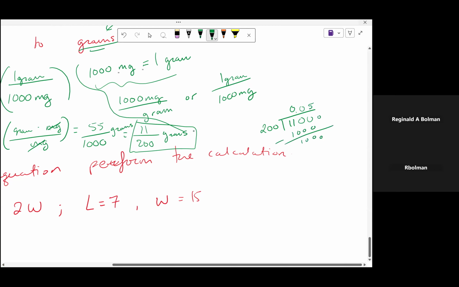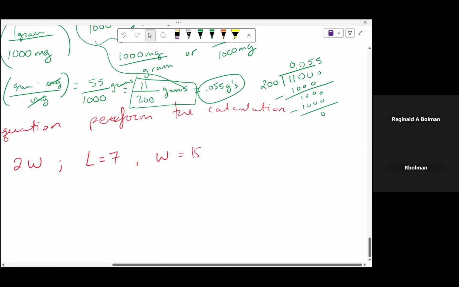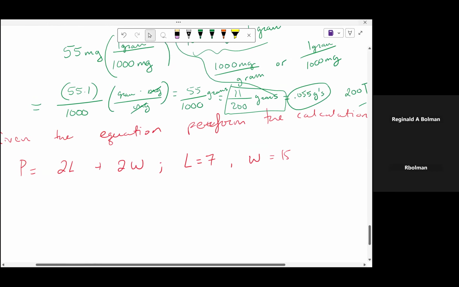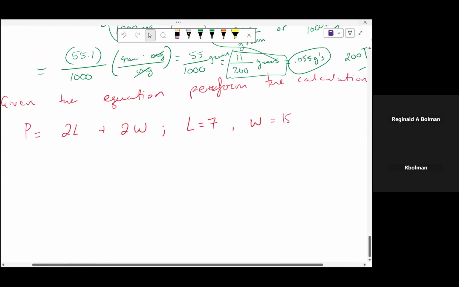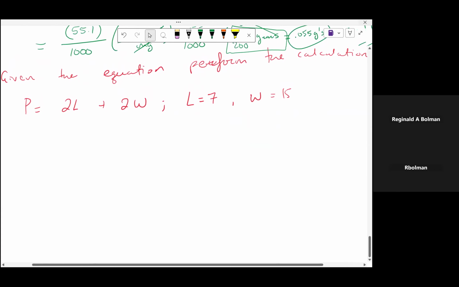And you can do this again, drop your 0. 200 will go into 1000 another 5 times, and you'll get a remainder of 0. So this 11 over 200 grams should be equal to 0.055 grams, if I did my math correctly. No guarantees, so go ahead and double check that. But I believe my math is correct.